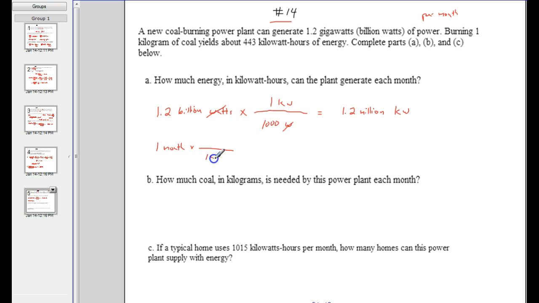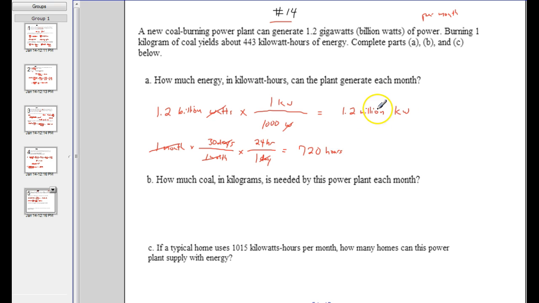So 1 month has 30 days. Now that cancels completely. And then each day there are 24 hours. Notice every time I bring in a new unit, the old unit that I want to get rid of goes down to the denominator to cancel. So 30 times 24 is 720. There are roughly 720 hours per month.